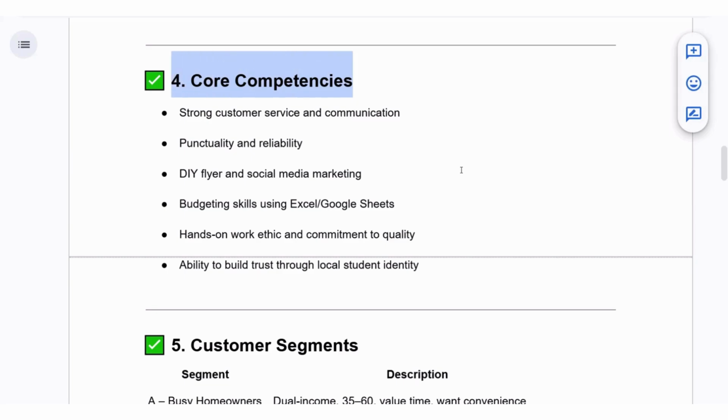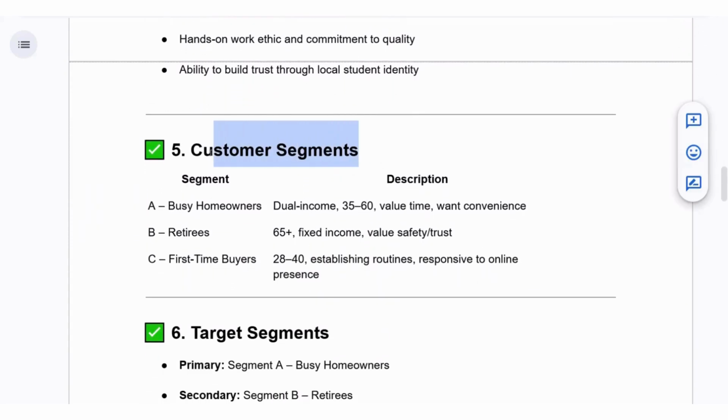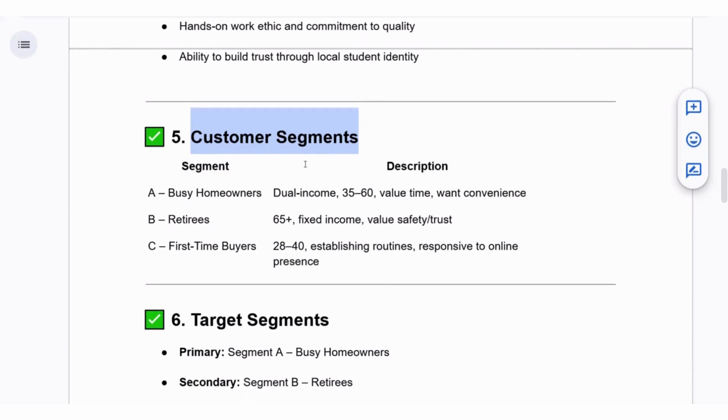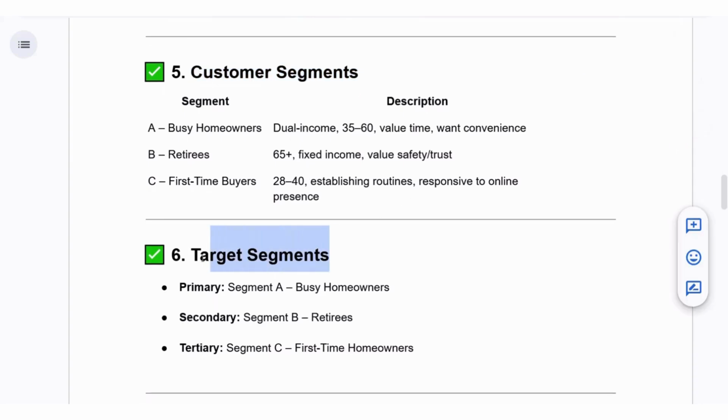Your core competencies. So this is what you do well. This is some things that you do better than your competition or just as well as your competition. Your customer segments. So these would be how you want to slice and dice the market. And you're not going to target every one of your segments.